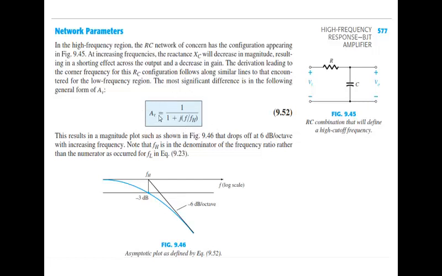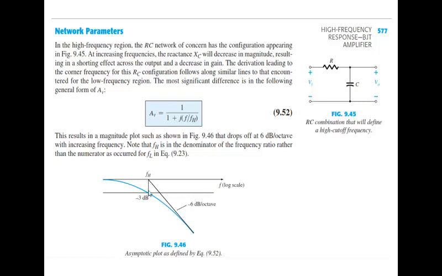So if you plot the magnitude response with frequency, it would show this kind of response: at low frequency gain would be maximum, but as you increase the frequency, gain would decrease, and at a certain frequency, which is defined as the cutoff frequency fH, the gain would be at minus 3 dB.